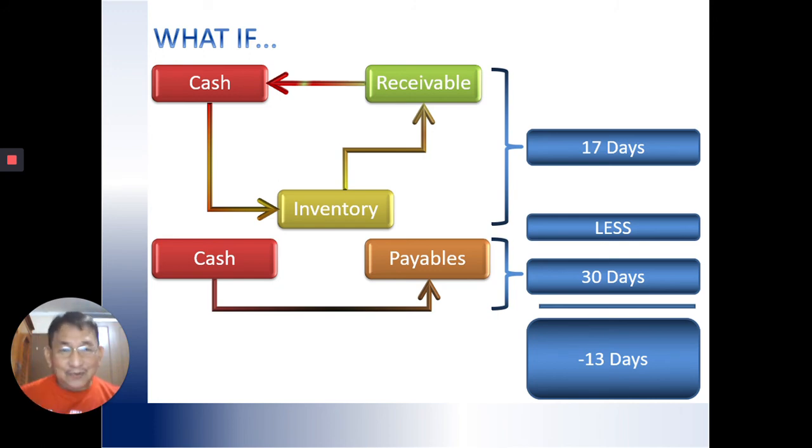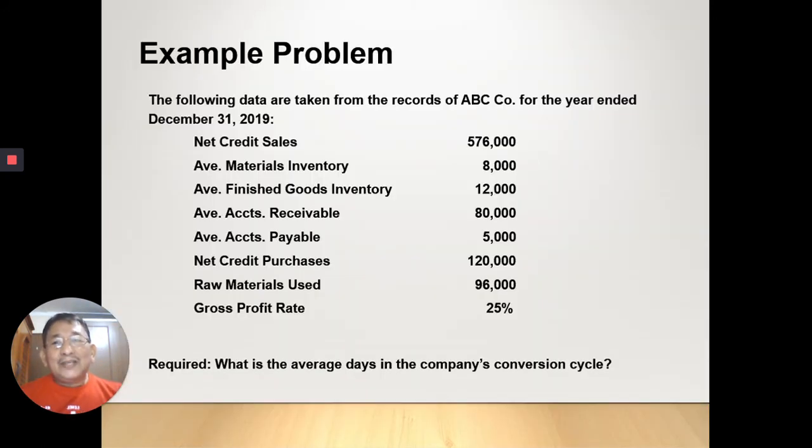Okay? So dito sa sample problem natin, net credit sales, average na, so hindi ka na pinagko-compute, may average ka na, di ba? So medyo madali ang gagawin mo diyan. Di ka na mag-add divided by 2, given na kaagad. So we try to compute now, right? Okay.